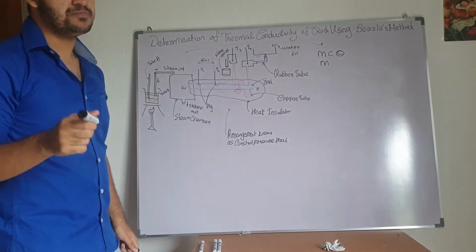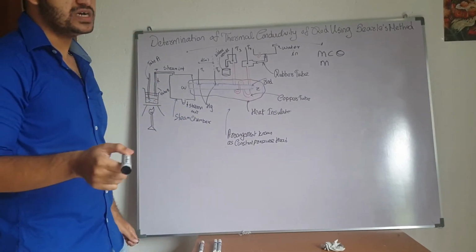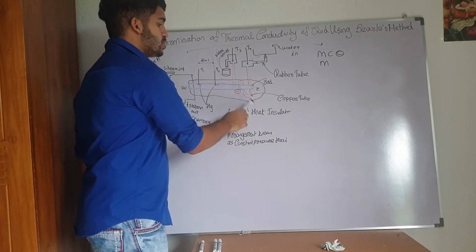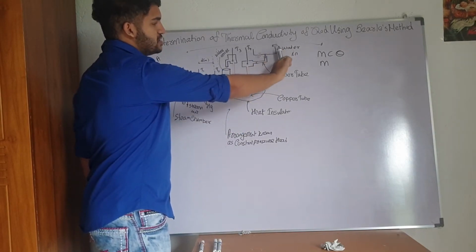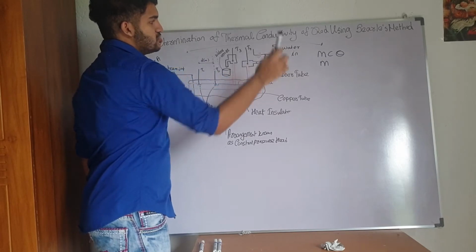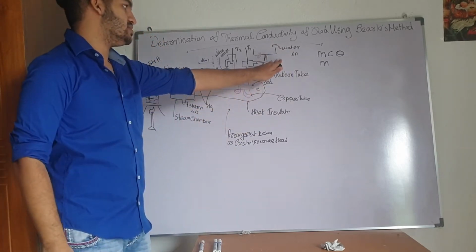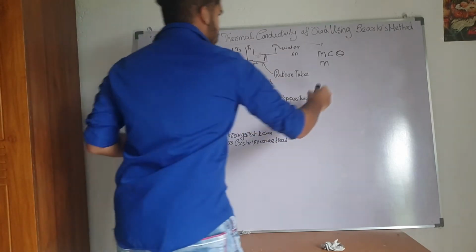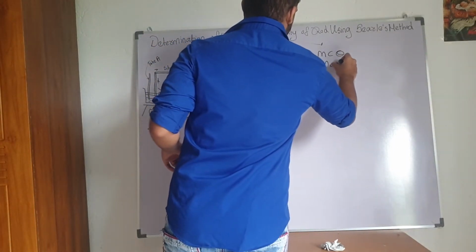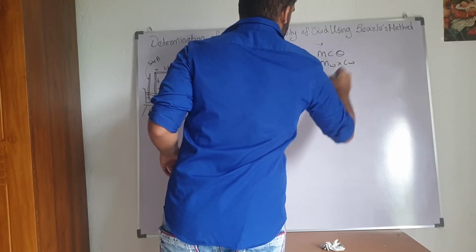After the specific time period is over, we stop the water from coming to this place. Water flows through this rubber tube, right? So the mass of water, m_w, times c_w.